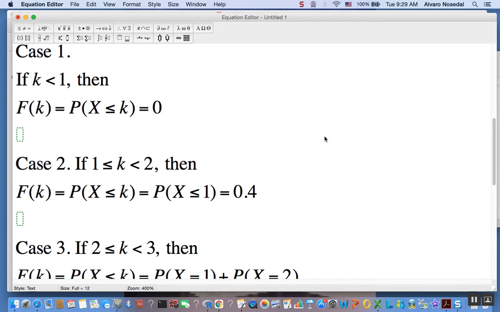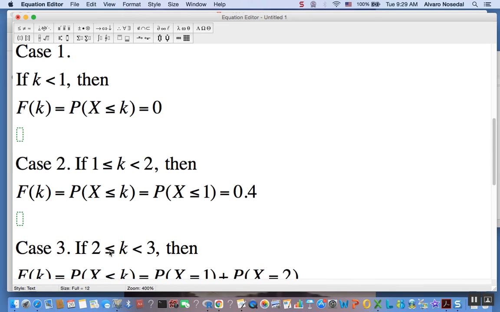You are going to have that value for any k that lives between 1 and less than 2. And you will have that value 0.4 for any number k between 1 and 2.